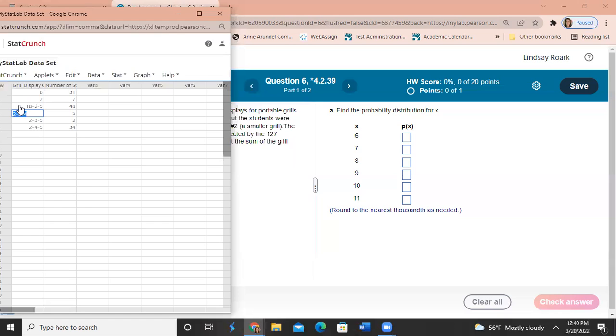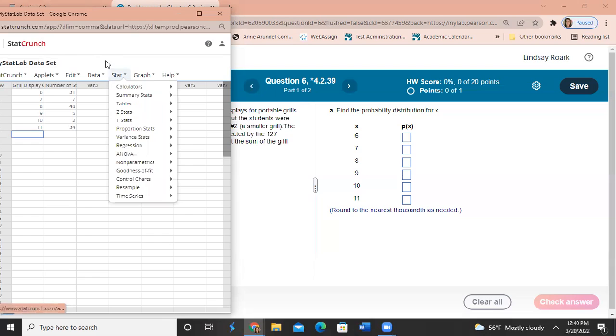I'm going to replace 2, 3, 4. Oh, we didn't replace that one. Then 8, 9, 10, and 11. Okay, so that could be part of the issue on its own, because it's confusing what they're talking about with these combinations and what the X is supposed to be, the sum of the numbers there. Okay, so we did that.